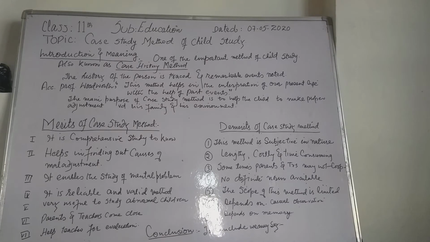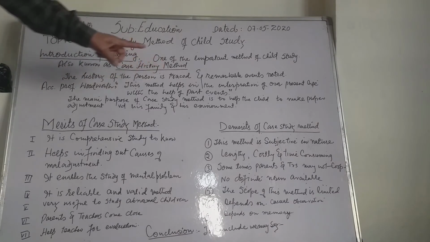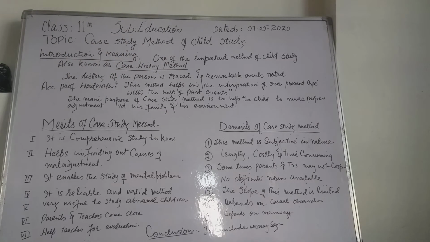Broadly speaking, case study method is the history of the child about his life events. On the basis of his past events, we should try to formulate his future course of action. In other words, in case study method, the history of a person is traced and remarkable events are noted.